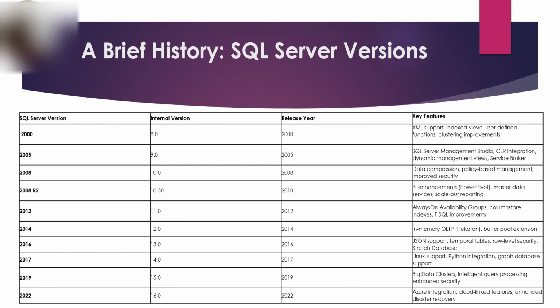In 2017, SQL Server 2017 was released with internal version 14.0. It has features like Linux support, Python integration, and graph database support. In 2019, SQL Server 2019 with internal version 15.0 was released, and its key features are big data clusters, intelligent query processing, and enhanced security.